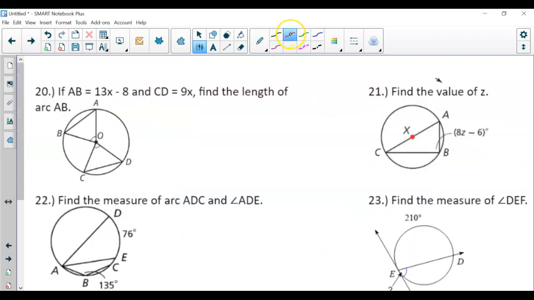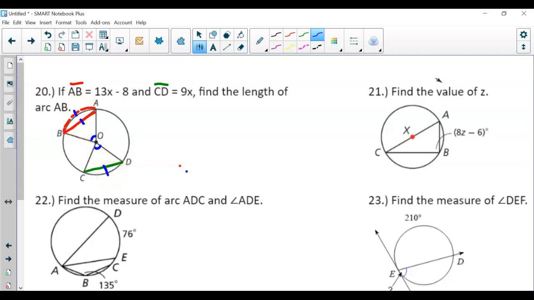So now number 20, if AB, the chord, is 13x minus 8, and CD, this chord, is 9x, find the length of arc AB. So we're looking for arc AB. Now, notice how these central angles are congruent to each other. So if they are congruent to each other, the chords are also congruent to each other.